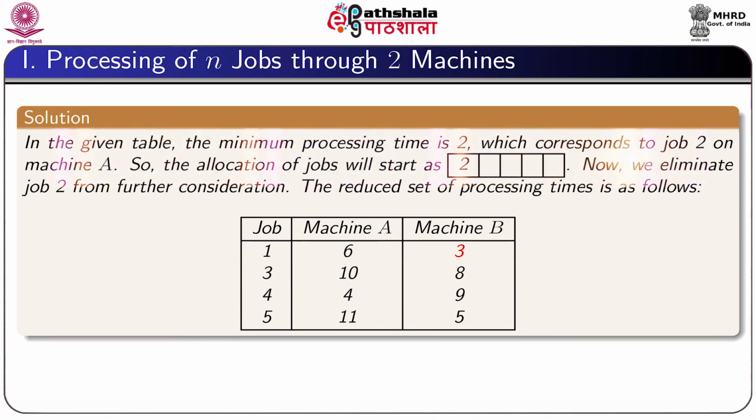Now, we eliminate job 2 from the table, and then the reduced set of processing times is as shown below. Now, we have 4 jobs 1, 3, 4, 5 and their processing times on machine A and B are shown in this slide.